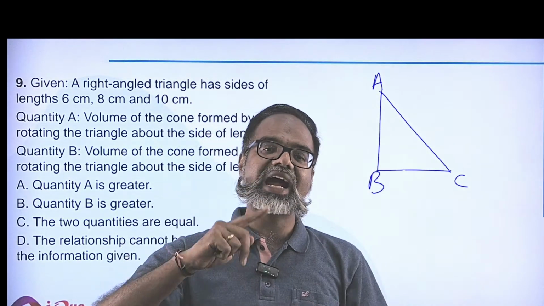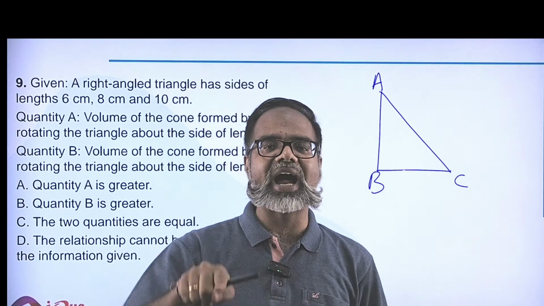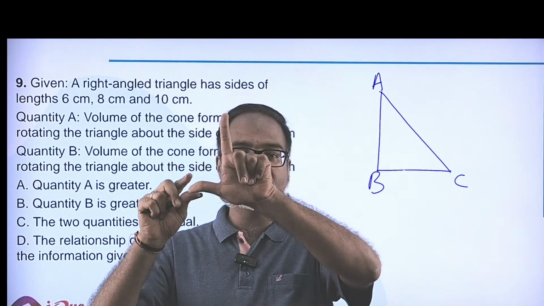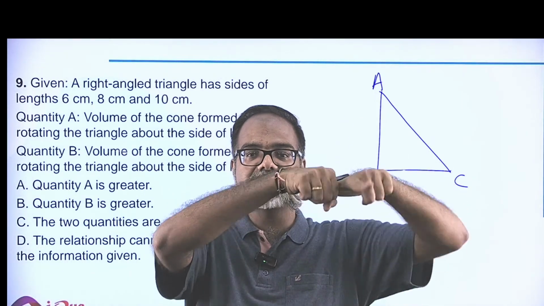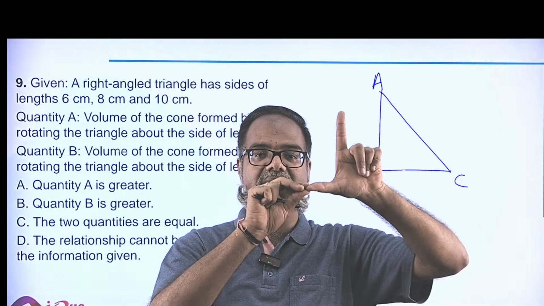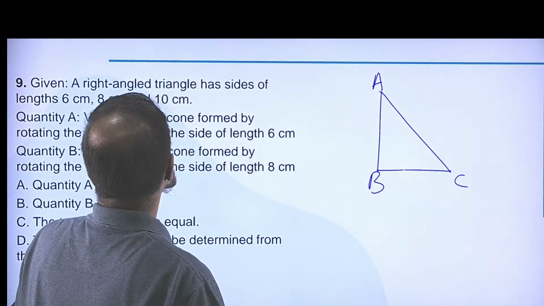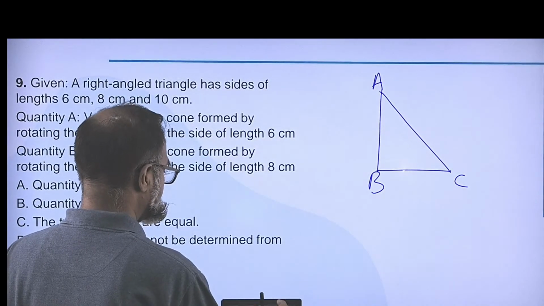So whichever side you are rotating the triangle around to form a cone is your height. And the other side is your radius. Similarly, if I'm taking a right angle triangle, keeping this and rotating it around this side, then because I'm rotating around BC, BC becomes my height and AB becomes my radius. So a right angle triangle has sides of length 6, 8 and 10.